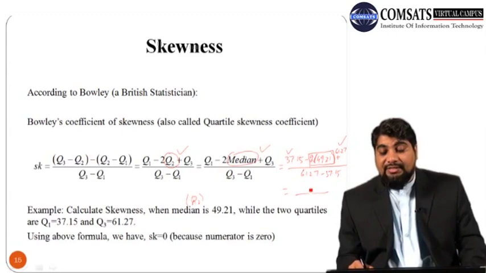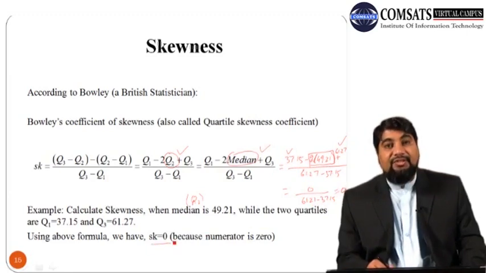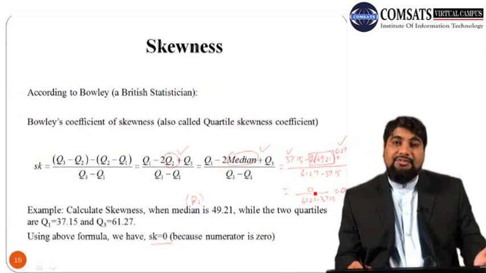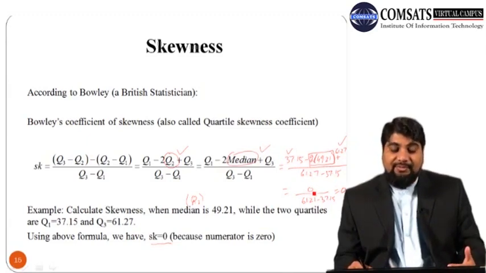So we can see that in the numerator we get 0. So 0 divided by anything, 61.27 minus 37.15, we get 0. So in this case skewness is 0. Why? Because the numerator is 0, and 0 divided by anything is 0.